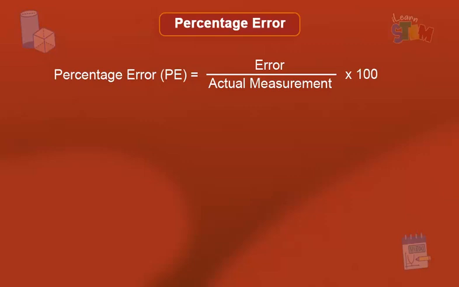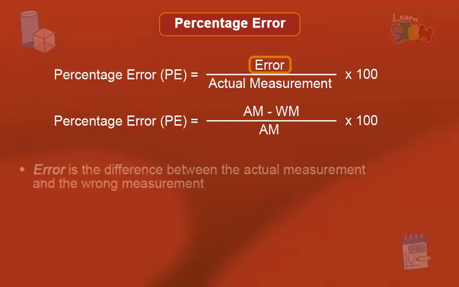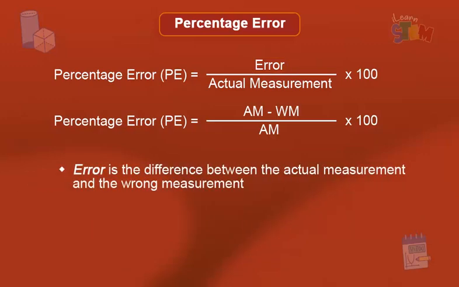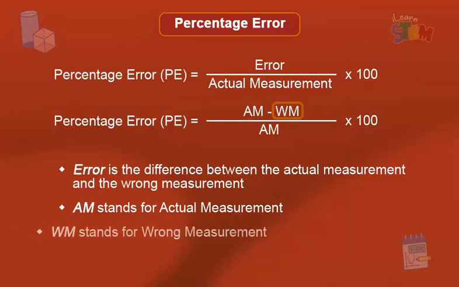Alternatively, the formula can be written as percentage error equals AM minus WM divided by AM multiplied by 100, where error is the difference between the actual measurement and the wrong measurement. That is, AM minus WM. AM stands for actual measurement. WM stands for wrong measurement. Both formulas are equivalent, and you can use either, depending on the values given in the question.